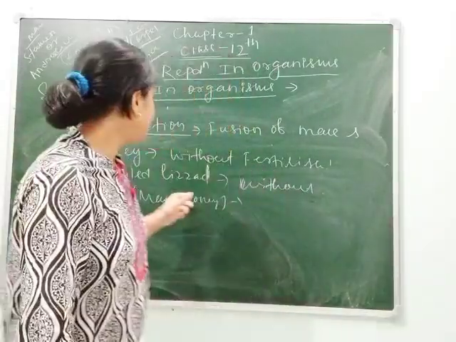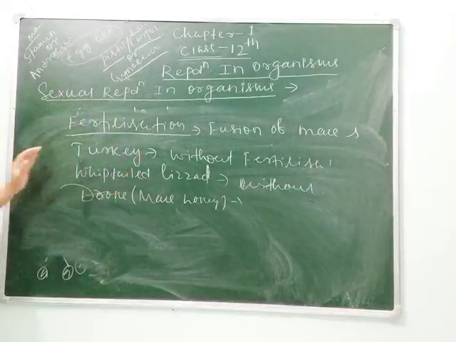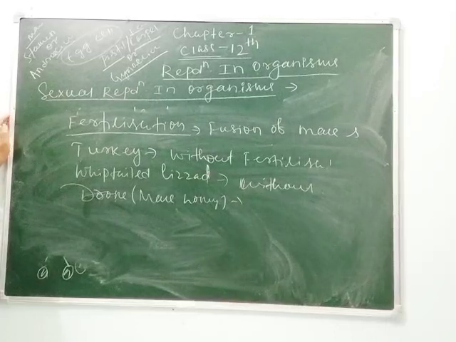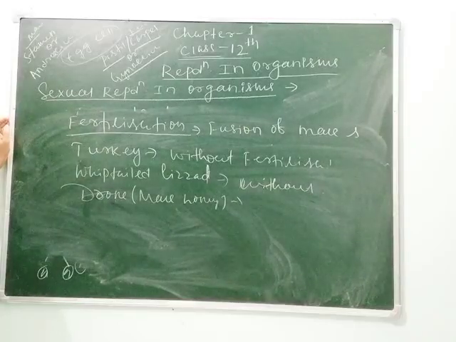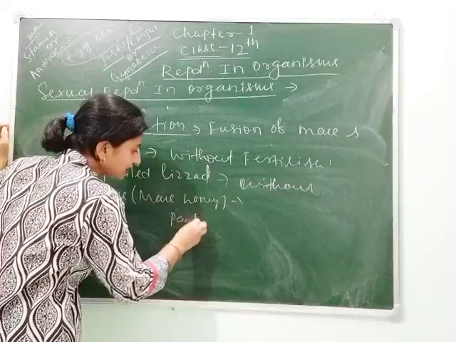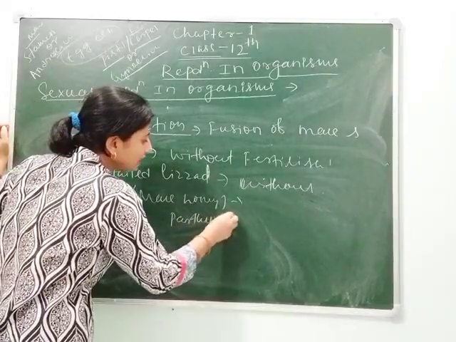So these are the organisms which produce a new organism without fertilization. Clear, students? I think your concept of fertilization is clear. Now I am going to tell you about parthenogenesis. You know about parthenogenesis.